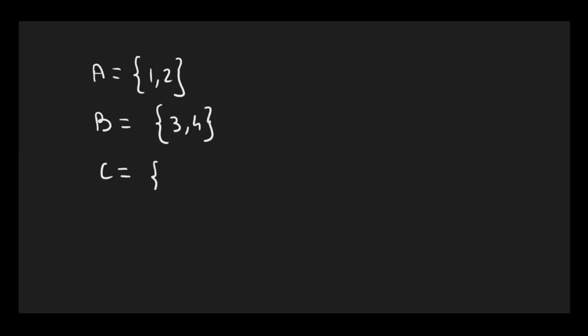Let's try the last one for the union. Let's say we have A, 1 and 2, B, 3 and 4, and C, which is 1, 3, 5, and 6. What is going to be A union B union C?